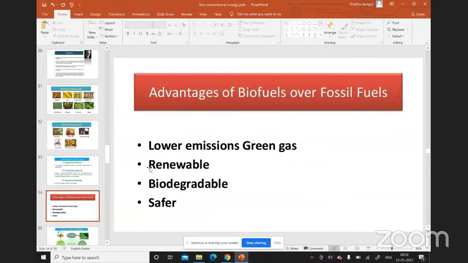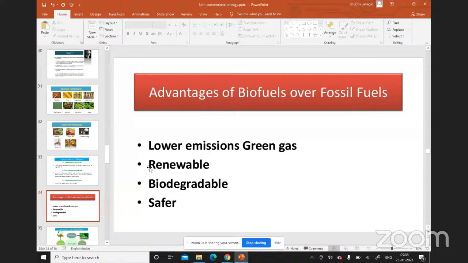So what are the major advantages of biofuels over the fossil fuels? One major advantage is that they emit a lesser amount of carbon dioxide and carbon monoxide compared to the fossil fuels, and like I said, they're renewable. Also they're biodegradable, because all these are taken from organic matter.